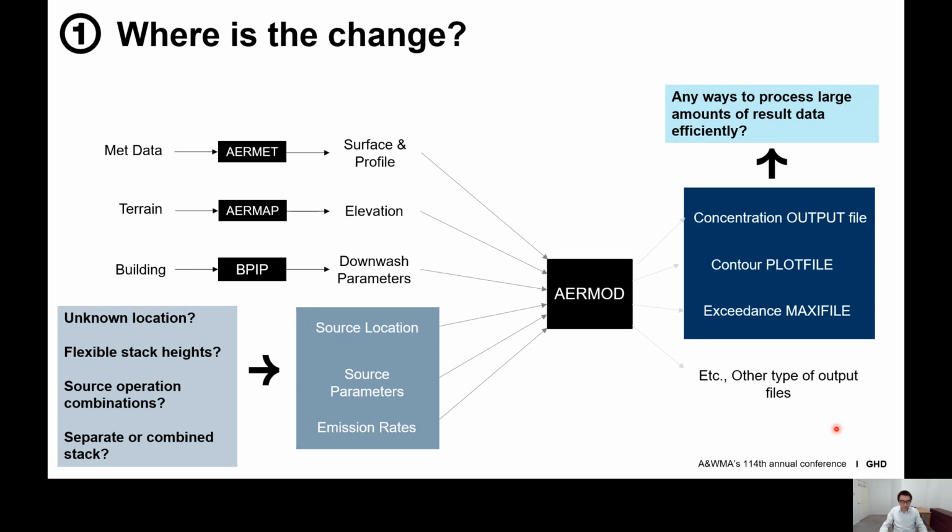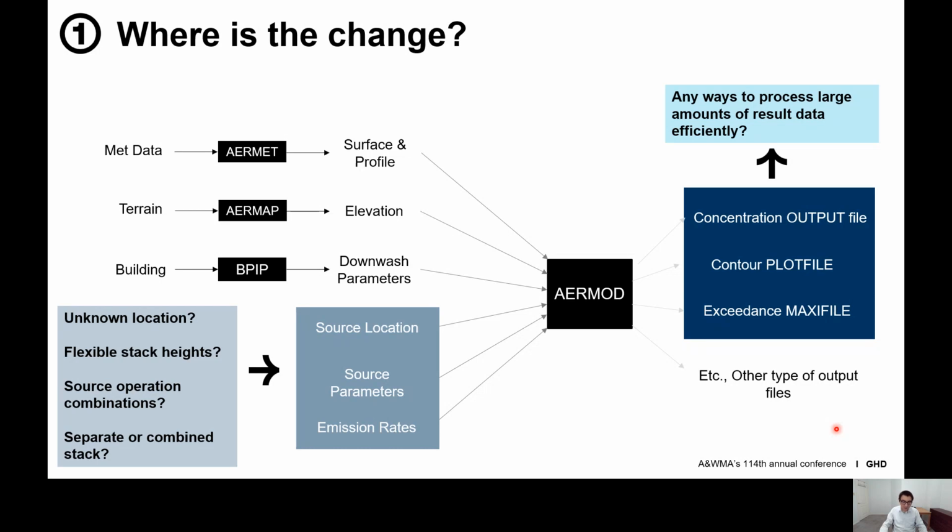So traditionally, we just need to put in those source locations, source parameters, and emission rates that are known. What if those parameters are unknown, like unknown locations, flexible stack heights, or different source operating scenarios?